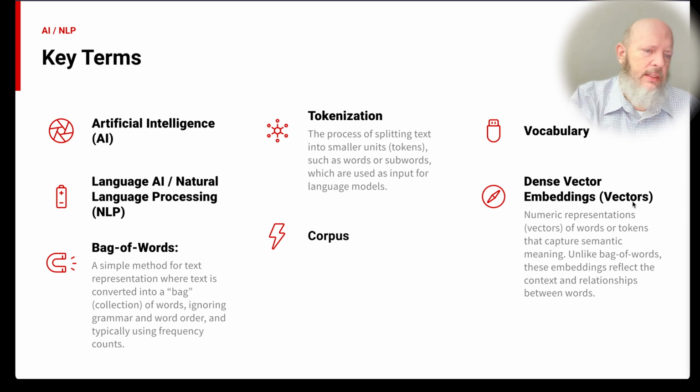Bag of words is an older, but not bad, way where text is converted into a collection of words, ignoring grammar and word order, typically with an occurrence frequency count. So if I took this book and converted it to bag of words, you'd expect a, the, in, this. Those would all be very popular in this book. It doesn't really tell me anything about the context of this book.